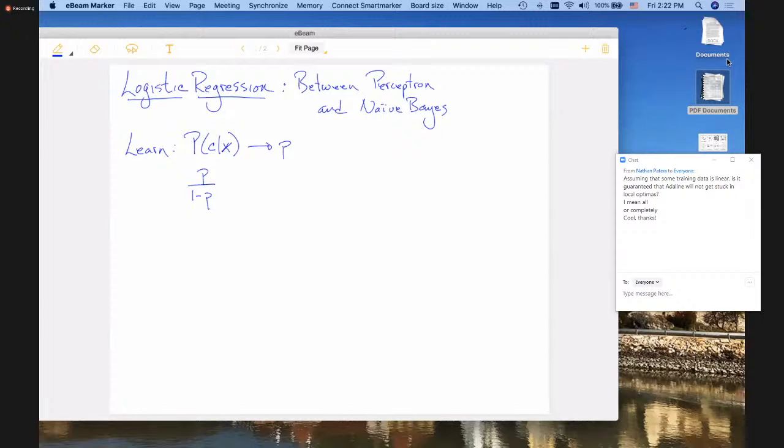You recall that we had done something very similar before in defining the Bayes decision rule by taking that ratio and comparing it to 1.